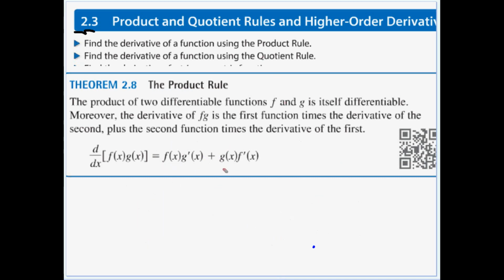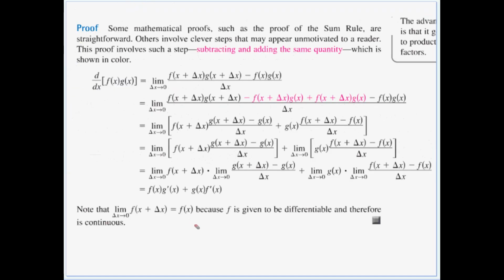And of course the big part of these will be the simplification that comes after the deriving. Now here's the proof. We're not going to even go through it step by step, but we want to find the derivative of these two things multiplied. So here's back to our difference quotient, f of x plus delta x times g of x plus delta x minus f of x times g of x.